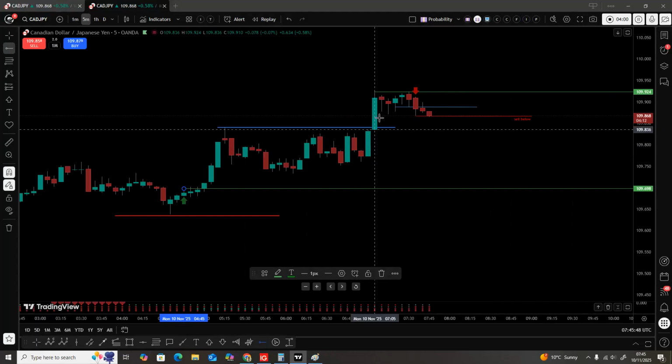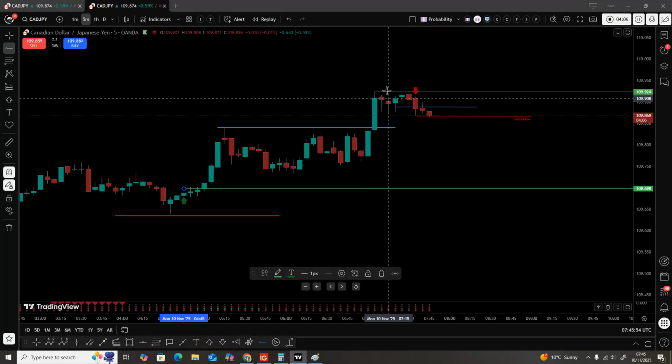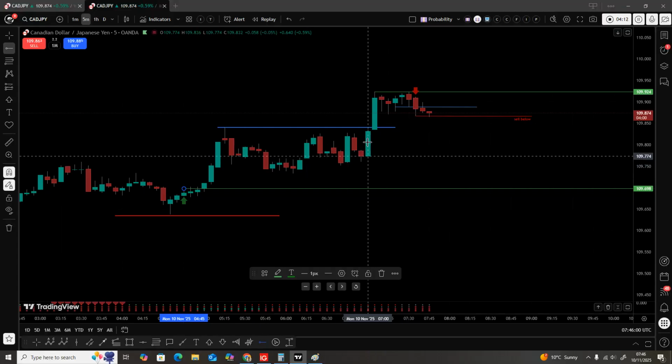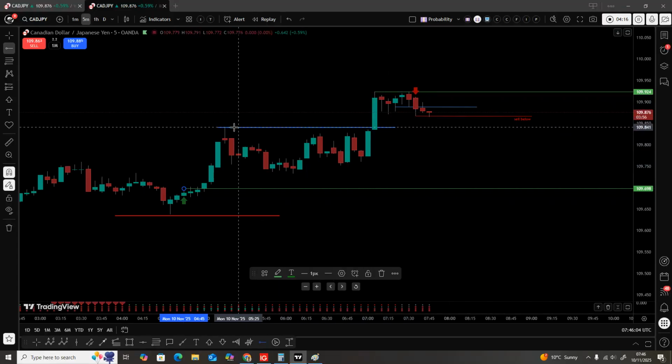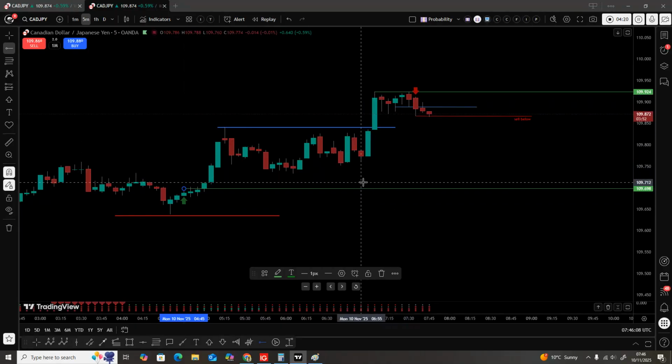That means the buyers that came above here, you put yourself in the shoes of those who are making money, and the buyers that broke this high are not showing conviction. They have not done what is expected of them at the break of this high. Because when a high is broken, if there's conviction, you need to see a follow through.